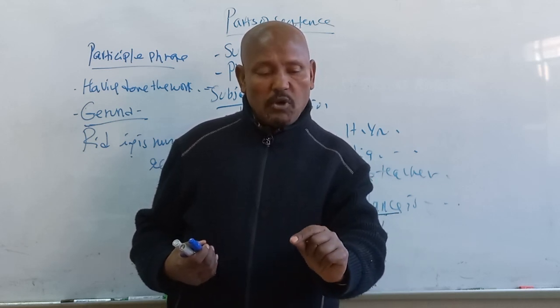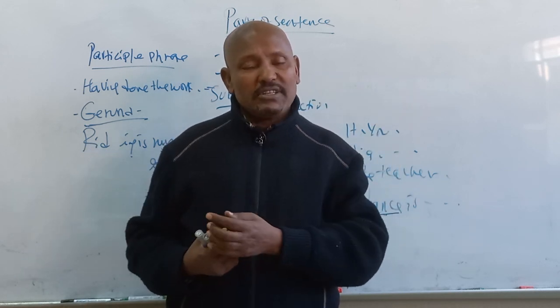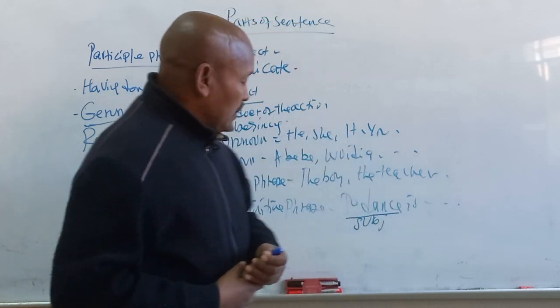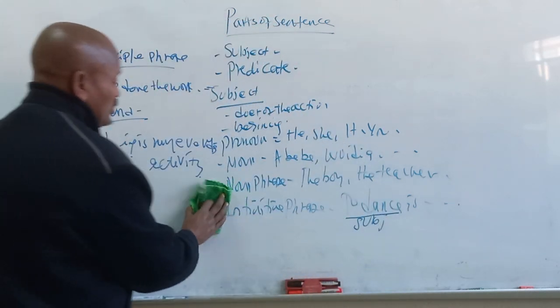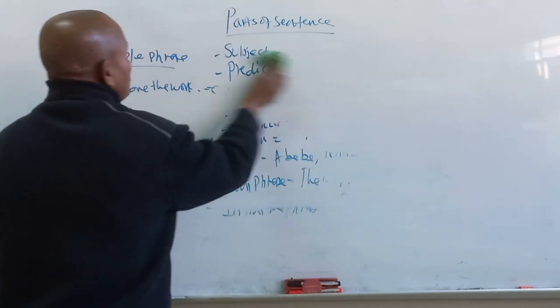Caught is the verb, him is the object, and copying is a gerund, which is also an object of the sentence. So this is fine.